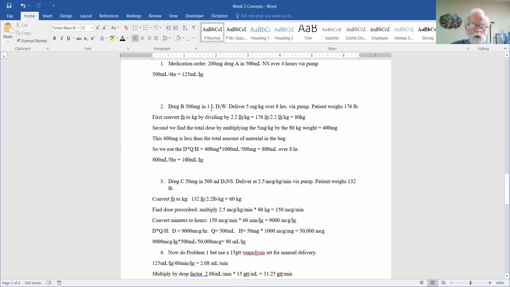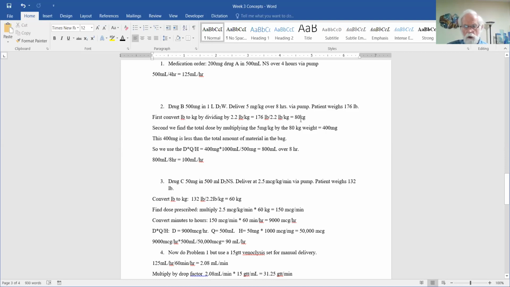If you see something like 5 milligrams per kilogram, this is going to tell you immediately that you have to multiply this dose by the weight of the patient in kilograms to find out how much drug the patient is going to receive. In this particular problem, the patient is 176 pounds, which, if we remember that when you're converting pounds to kilograms you're dividing by 2.2, turns out to be 80 kilograms.